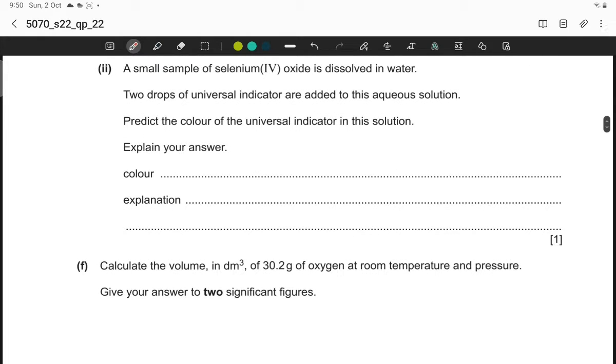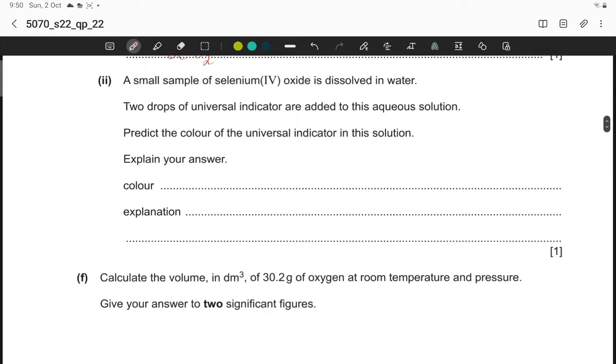The color is red, because selenium 4 oxide has acidic properties, and when dissolved in water SeO2 forms H2SeO3.